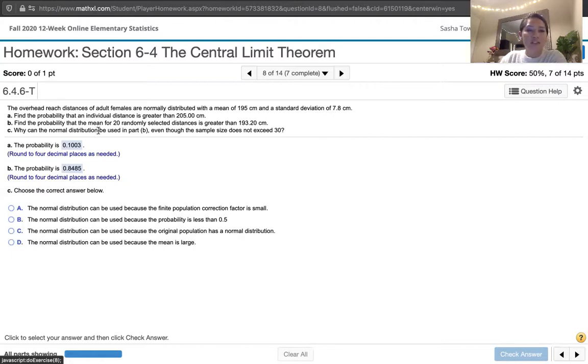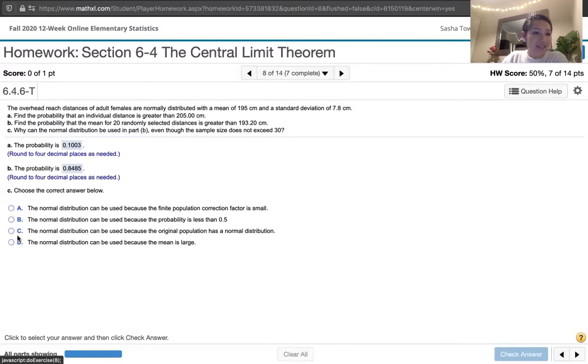So when we were told at the very beginning that the overhead reach distances of adult females are normally distributed, then that meant that the sample size doesn't matter. When we look at the sample means of those adult female overhead reach distances, the sample means are going to be normally distributed because the original population was normally distributed. So we don't have to worry about n being greater than 30 here.